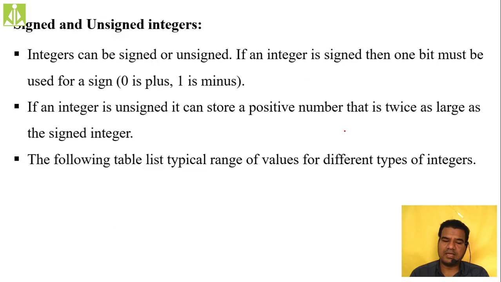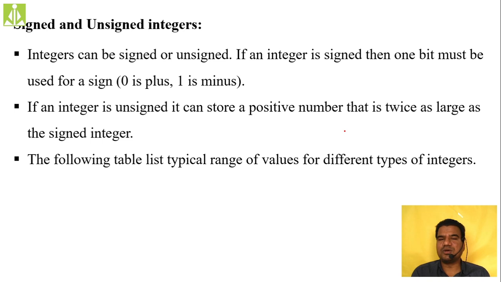Then signed and unsigned integers. Integers can be either signed or unsigned. Whatever range we have now includes a positive range as well as a negative range, isn't it?